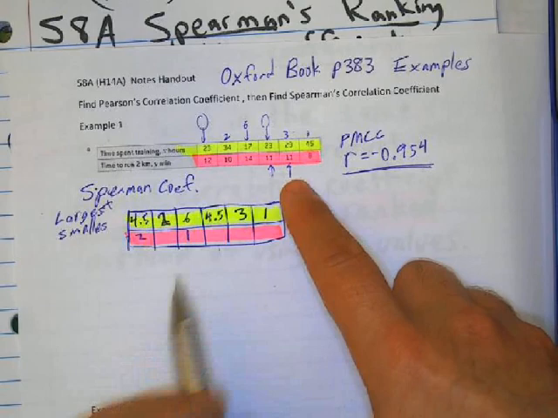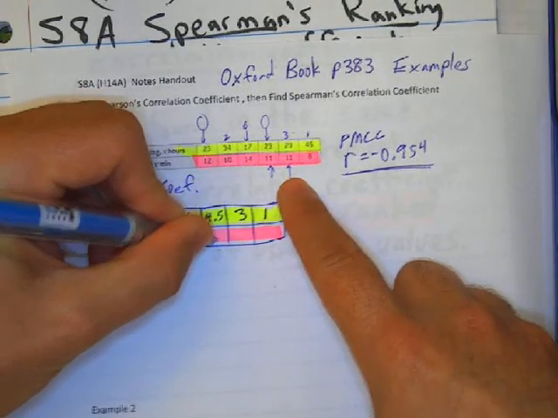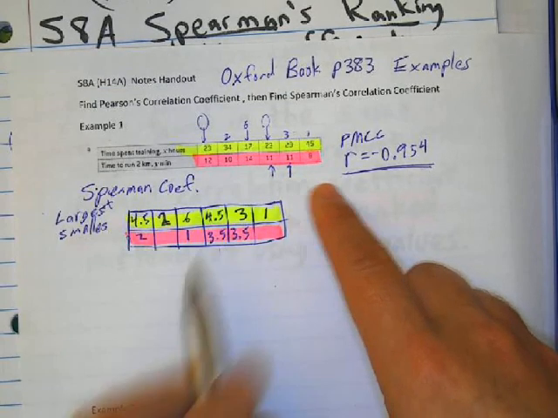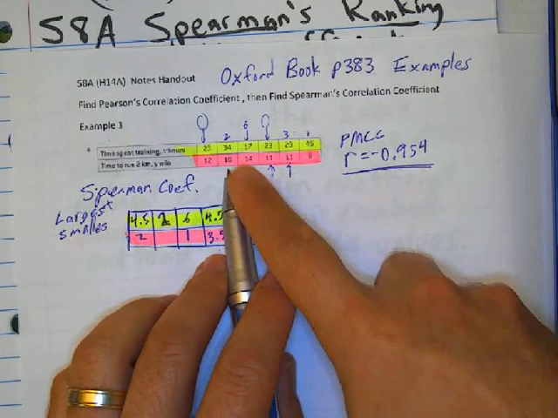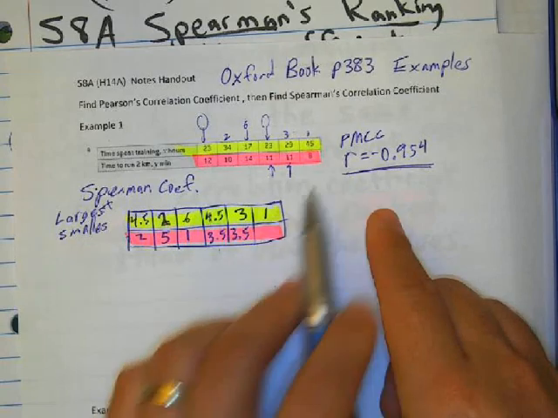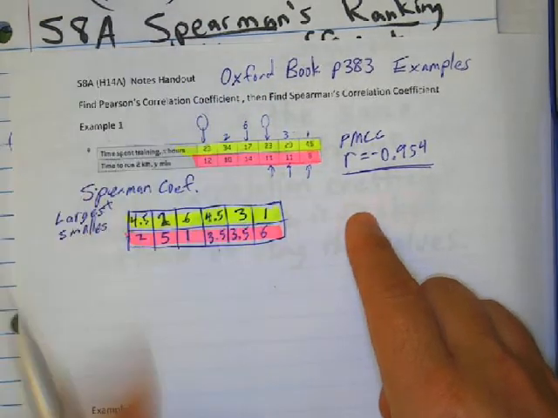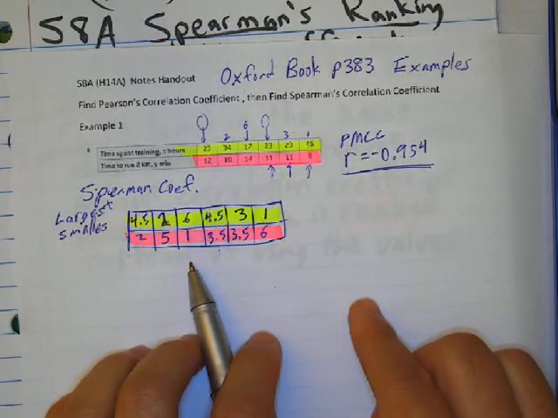This would have been 3 and 4, so I'm going to average them and call it 3.5 and 3.5. The next largest one is 10, so that's 5. And the last one is 8, and I'm going to call that 6. So we're ranking them from largest to smallest.